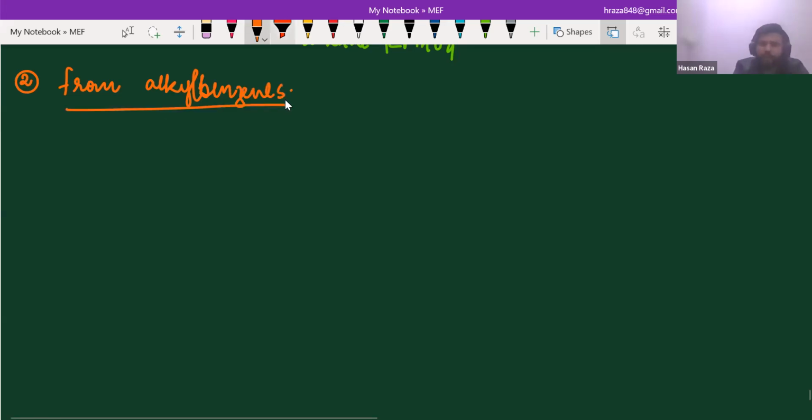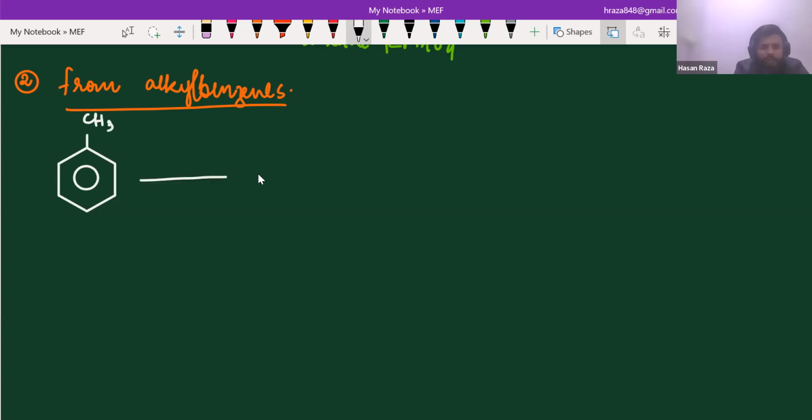Let's say this is your toluene or methyl benzene. In order to convert this into carboxylic acid, we need to oxidize it. And to oxidize this alkyl benzene into a carboxylic acid salt, we will use KMnO4, KOH, that means alkaline potassium permanganate, and heat it.